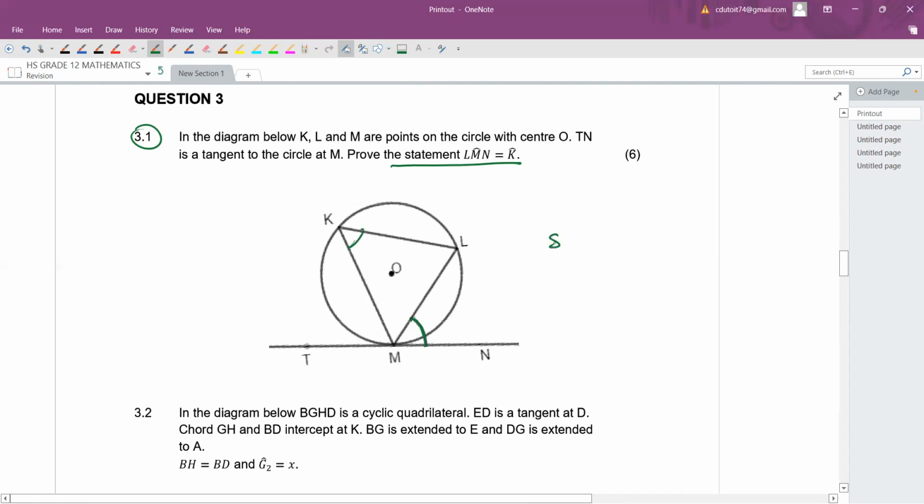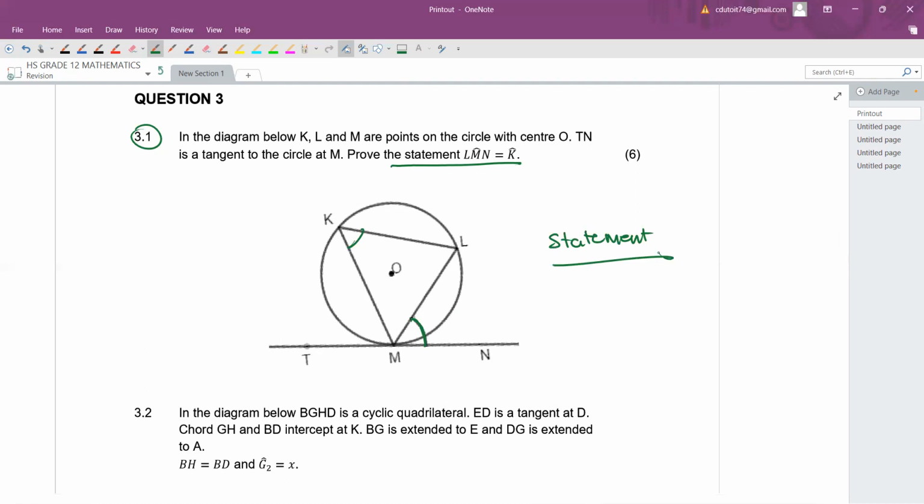Now, this is a statement. In other words, this is your statement or your theorem of what? Tangent chord, your tangent chord statement. This you have to learn. This was something you learned from grade 11. Can you remember that? You had about 5 or so statements that you had to learn.